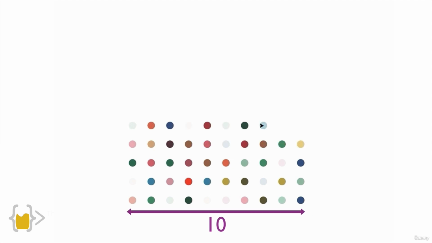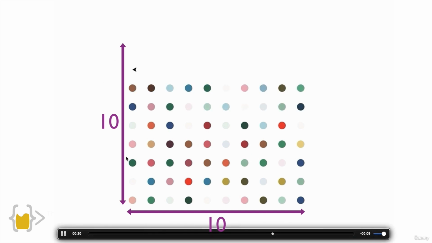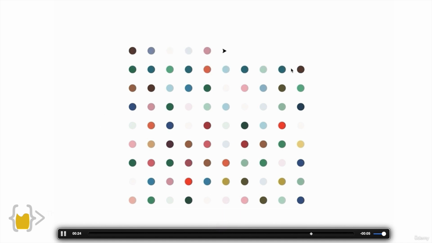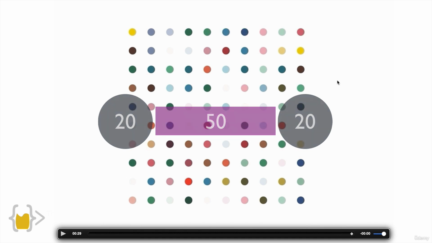Here's the requirements of the program. You're going to paint a painting with 10 by 10 rows of spots. So that's going to be 10 along this side and 10 along this side. Each of your dots should be around 20 in size and spaced apart by around 50 paces.